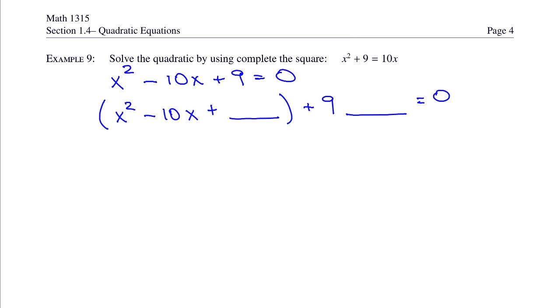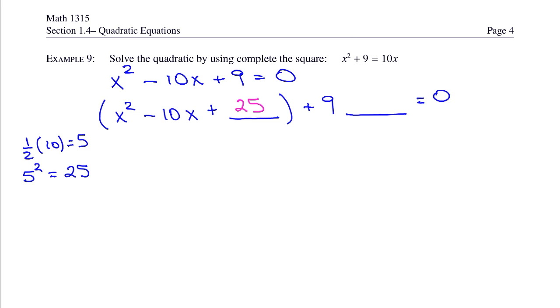We'll complete the square on this first piece that we have written in parentheses. We'll take half of 10, that's equal to 5. Take 5 squared, that's equal to 25. So we're going to add 25 into the blank on the left side. Now I can't just arbitrarily add 25 to an equation, that would change it.